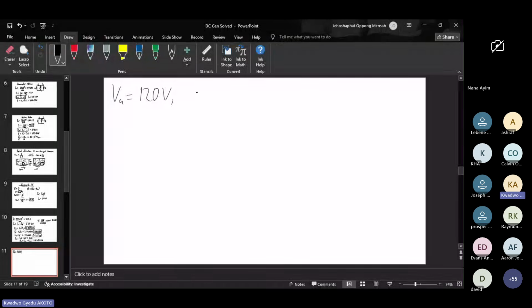Our initial speed N1 is equal to 1045 RPM. I'm also going to do omega 1 because I like calculating in radians per second. So omega 1 is 1045 times 2 pi over 60, which is 109.43 radians per second.